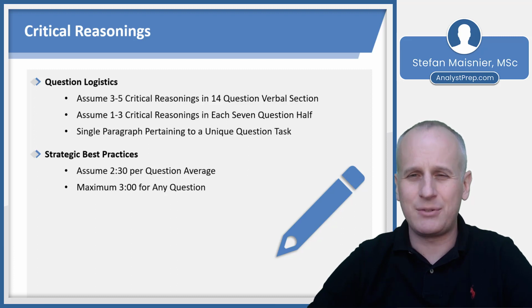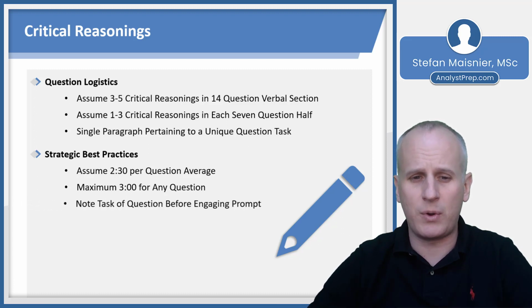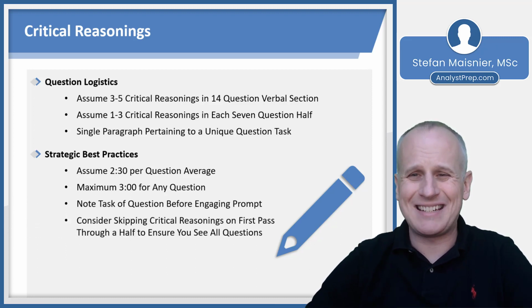Now, because these questions are assumed to take longer than sentence corrections for certain, and quite possibly on average the reading comprehension as well, you do want to note the task of the question first before you engage the prompt, because you may decide that you're actually going to skip your critical reasonings.